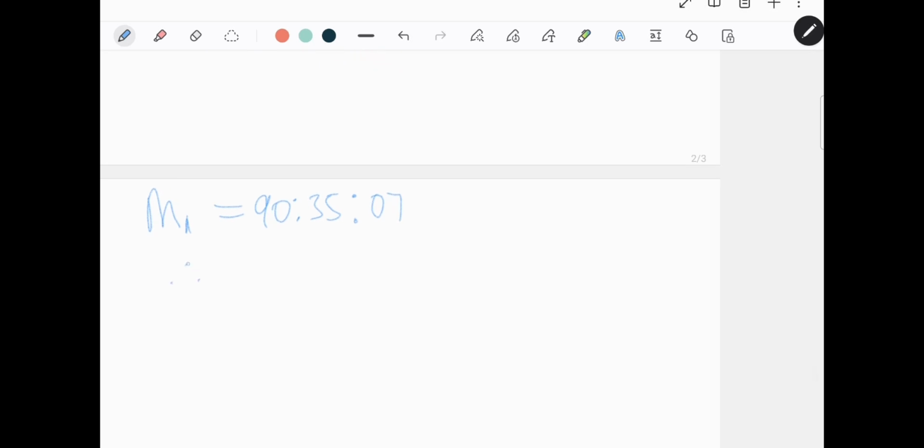Therefore, we're going to have 90 minus theta, which is 90 minus 90, 35, 07. So now let's calculate and see what we're getting.